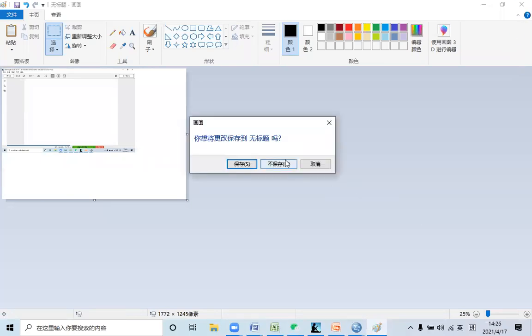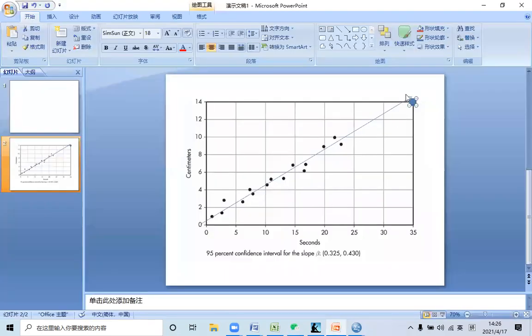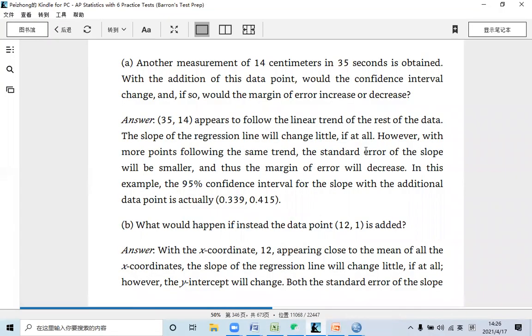The line would fit this additional data okay. But the standard error of the slope will be smaller. So the margin of error will decrease.